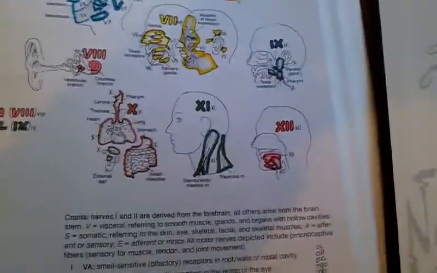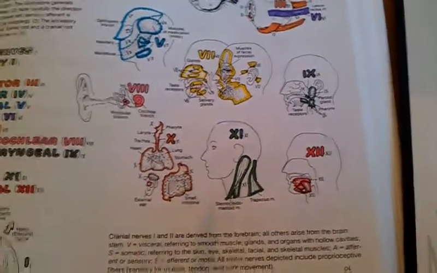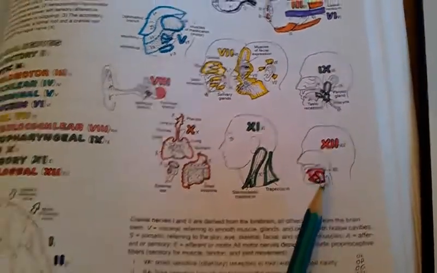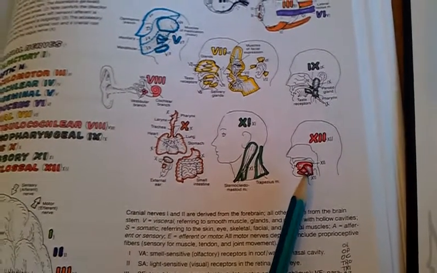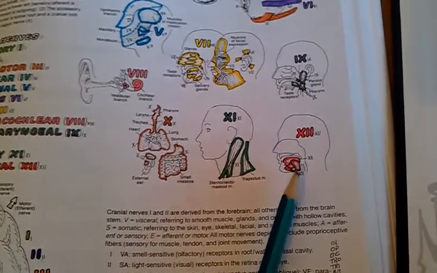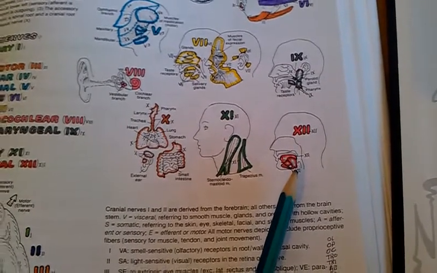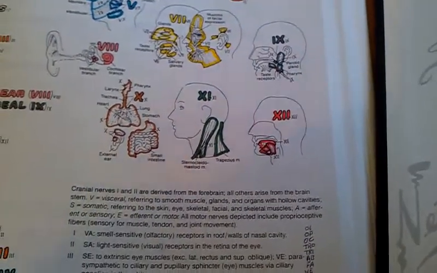And then lastly we have the nerve supply. Well, the motor nerve supply is the hypoglossal nerve, the 12th cranial nerve. For sensory we have 3 different nerves.